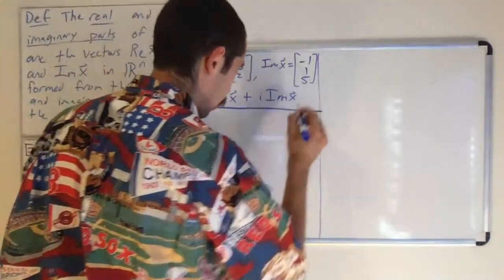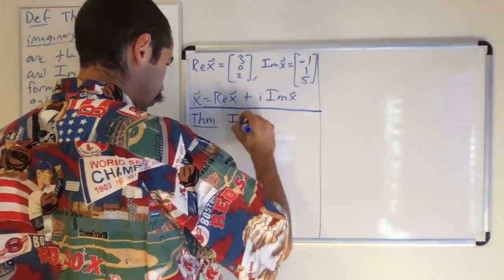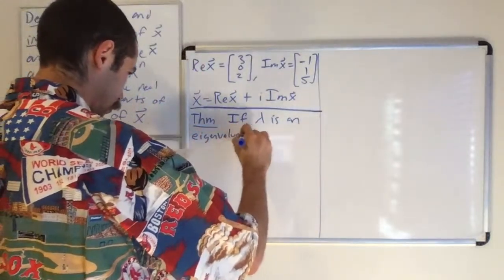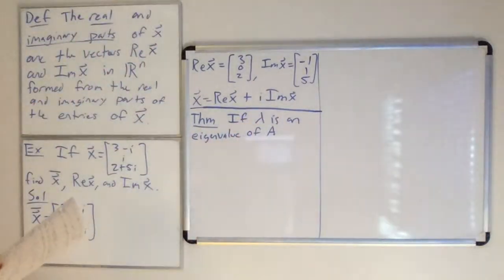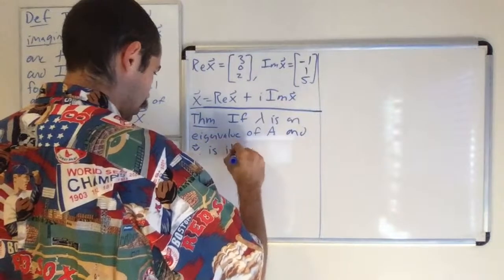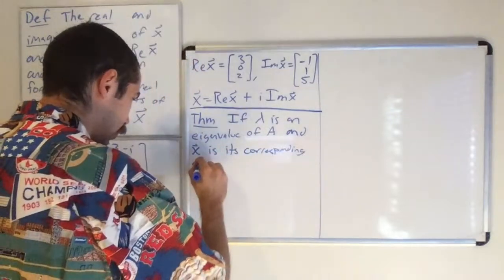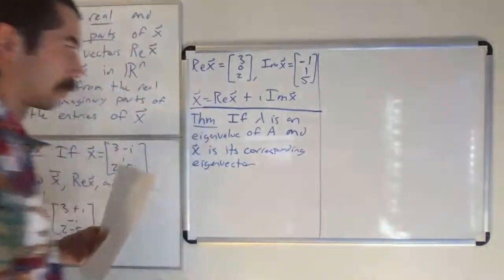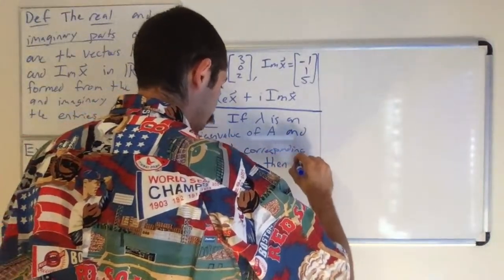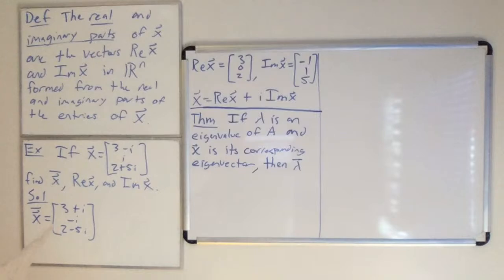The theorem says if lambda is an eigenvalue of some matrix A, and X is its corresponding eigenvector, then the complex conjugate of lambda is also an eigenvalue.